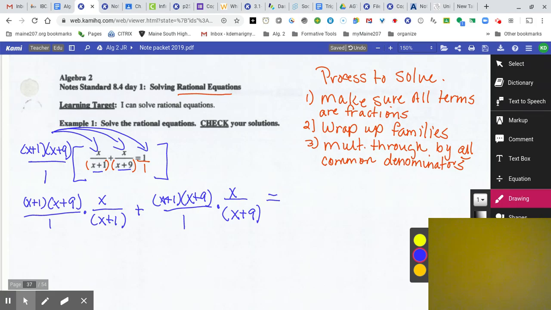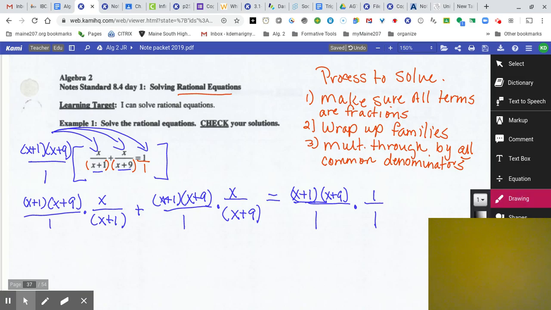There's a lot of writing, but when you're finished with the writing, it is so, so nice. So I have last, times x plus 1 and x plus 9 over 1 times the last term, which is 1 over 1.